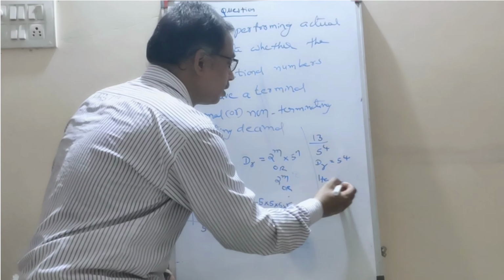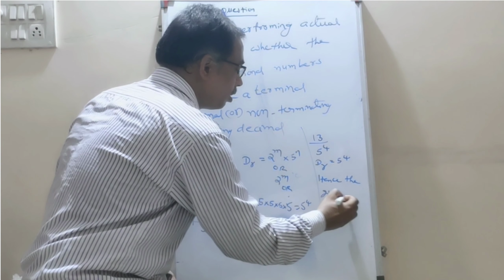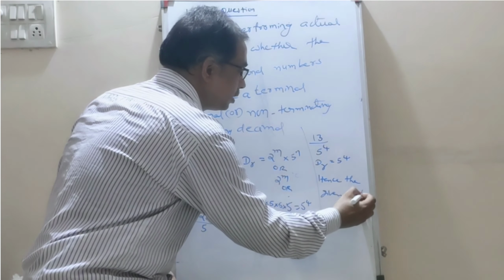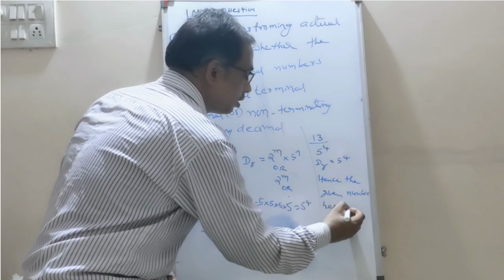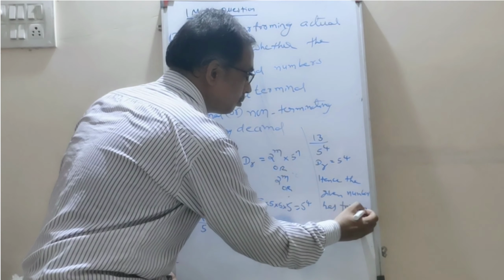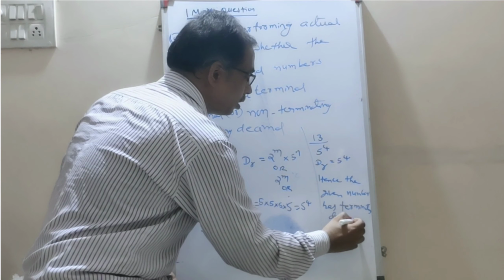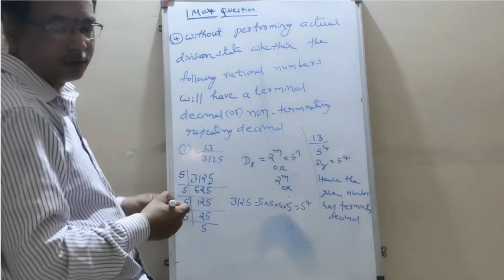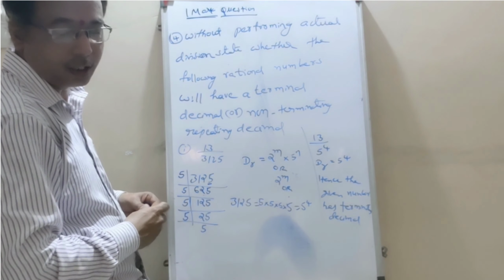Hence the given number has a terminating decimal. So like this, we have to check whether the given fraction has a terminating decimal or not.